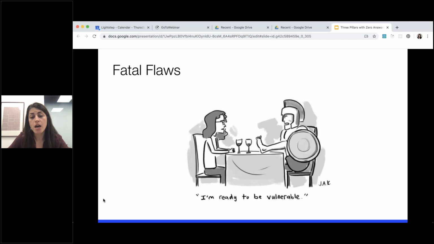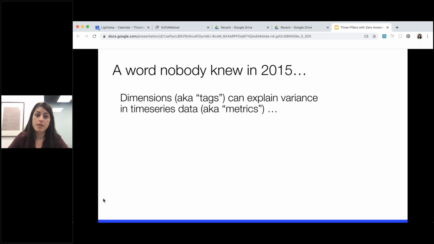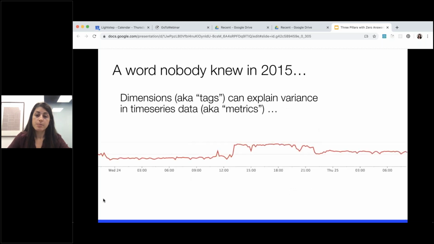So now that I've talked about what tracing and logging and metrics actually are, we can maybe go through the fatal flaws that exist for these different pillars. So first, let's talk about metrics.